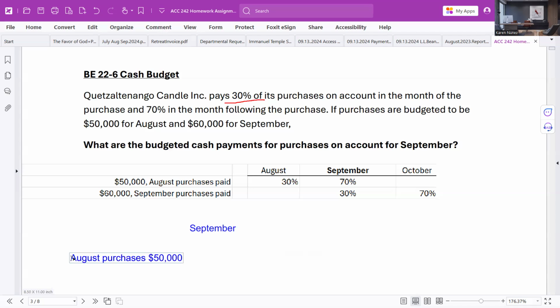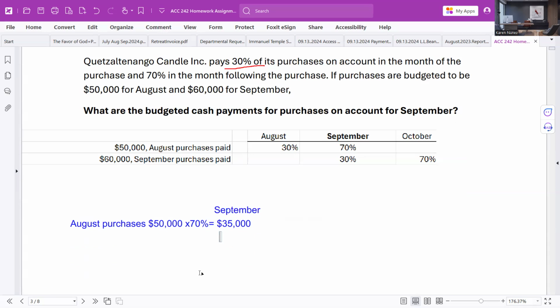And in September, they're only going to be paying for 70% of those August purchases. So in the month of September, we have payments of 70% times 50,000 is $35,000. That's what's going to be paid in the month of September. Those are August purchases paid for in the month of September. And then we also have some September purchases.